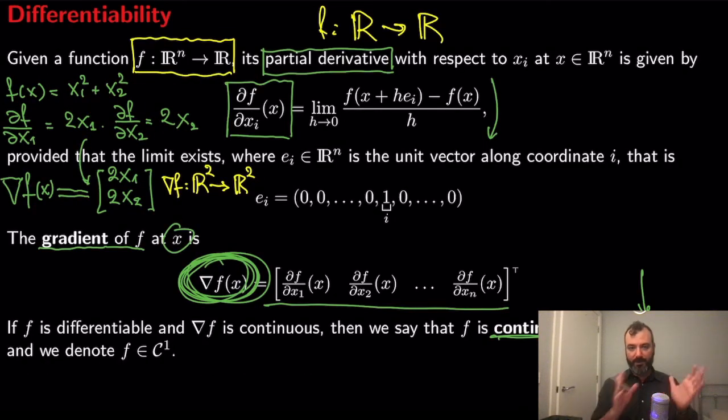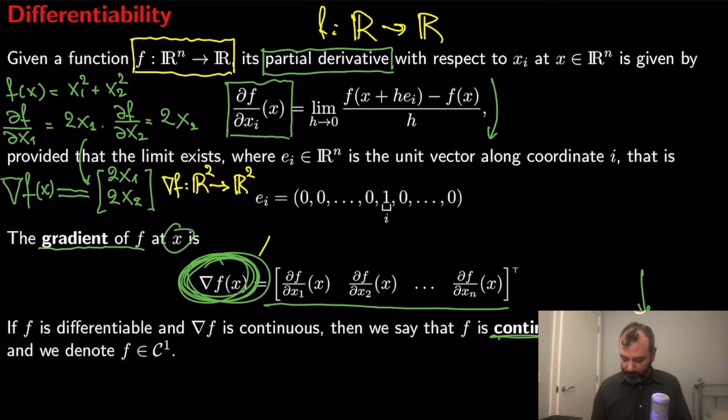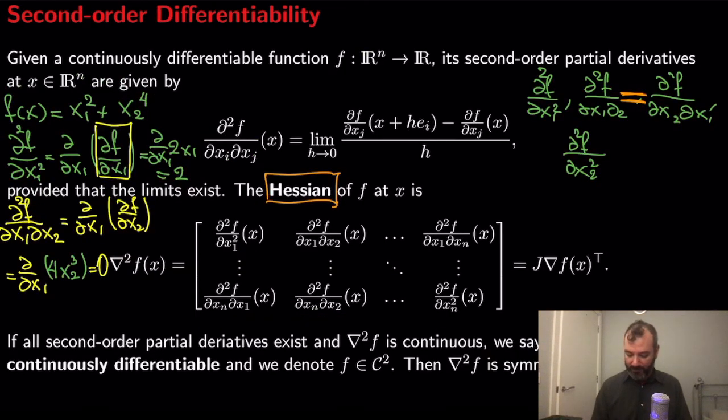So check this out now. f is a function that takes a vector, gives a number. The gradient is a function that takes a vector and gives me a vector. I'm having a technical problem with the pointer, but the Hessian is a function that takes a vector and gives me a matrix.